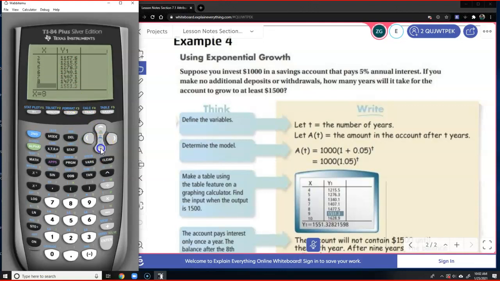So you just have to scroll, and you notice after the 9th year, it's $1,551. Okay, so it looks like you have to wait 9 years. You won't be touching it, withdrawing or depositing. After 9 years, you're going to earn $551 in interest. And so that's the answer to the question.